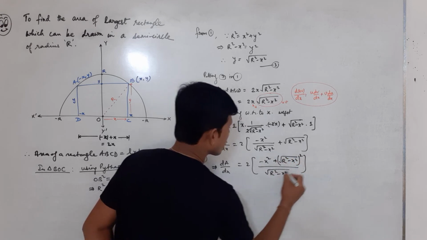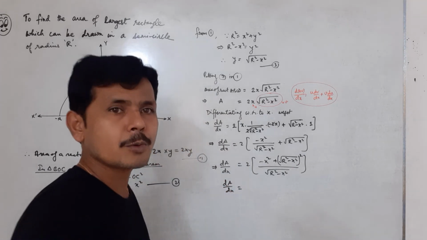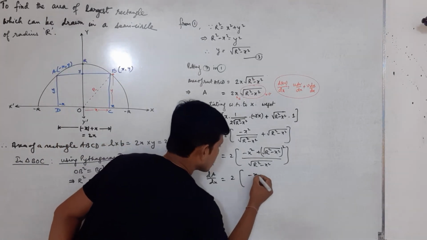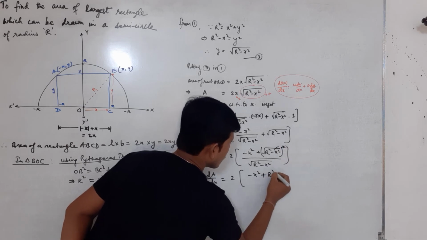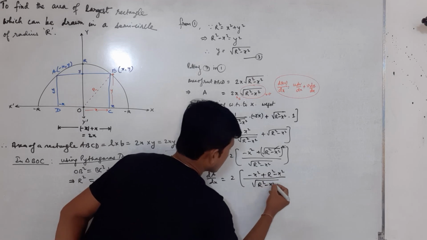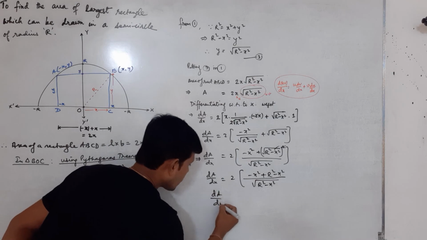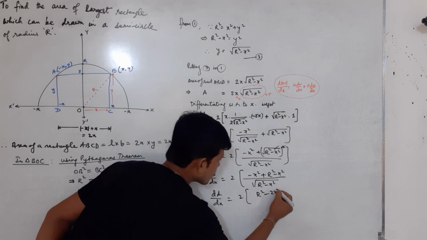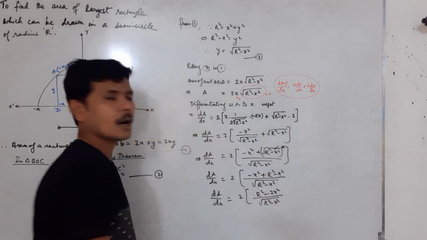So dA upon dx is equal to 2 times, minus x square, the square root will vanish, we have r square minus x square divided by under root r square minus x square. Little more calculation: dA upon dx is equal to 2 times r square minus 2x square divided by under root r square minus x square.